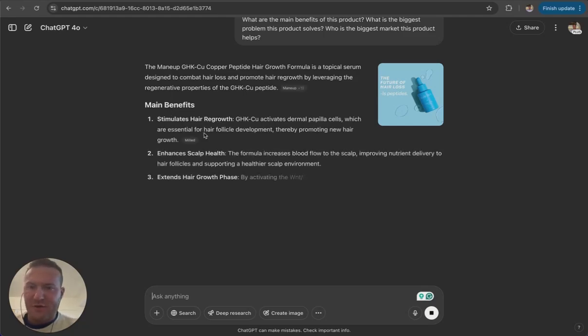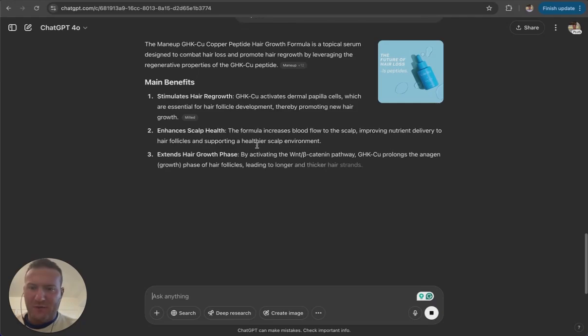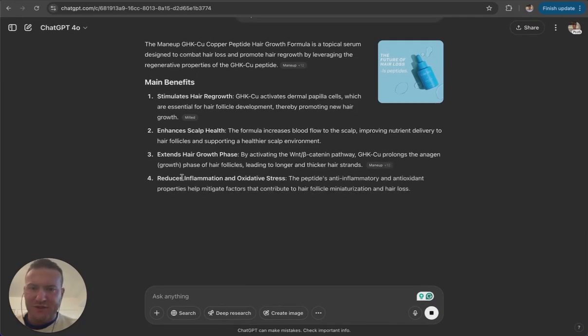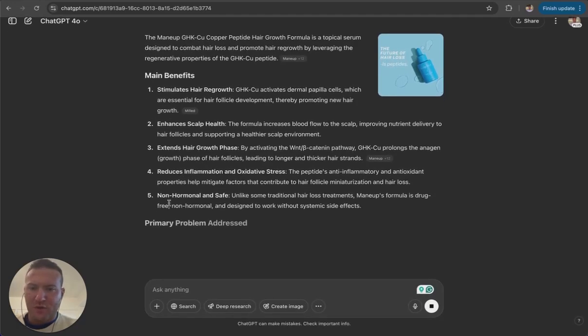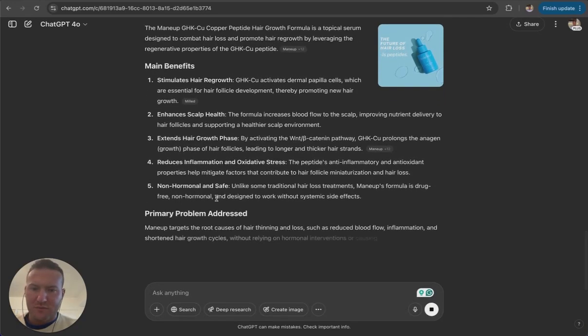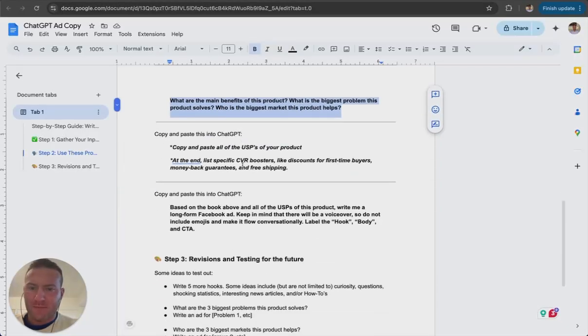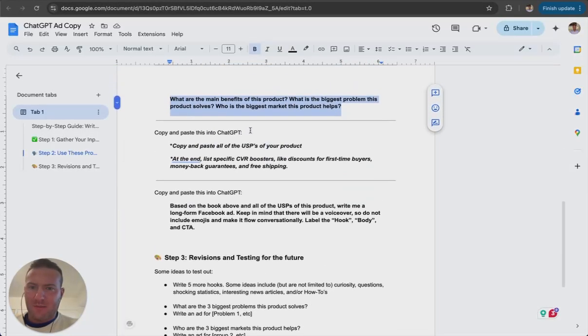So stimulates hair growth, enhances scalp health, extends the growth phase, reduces inflammation and oxidative stress, non-hormonal. Perfect. All right.